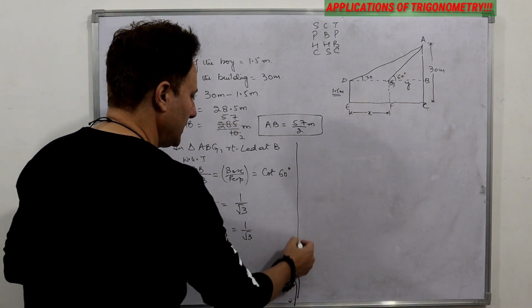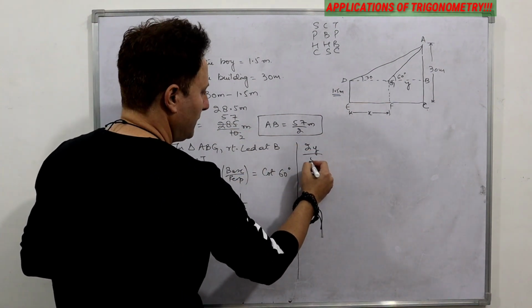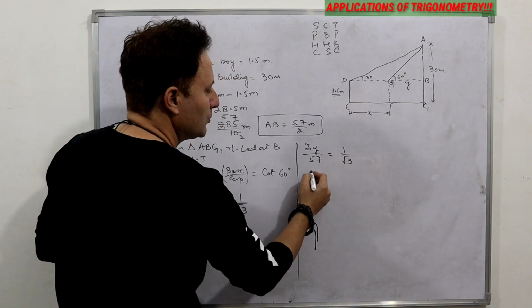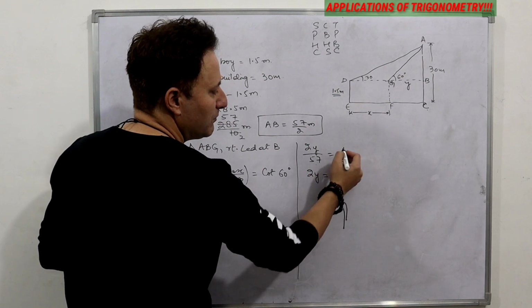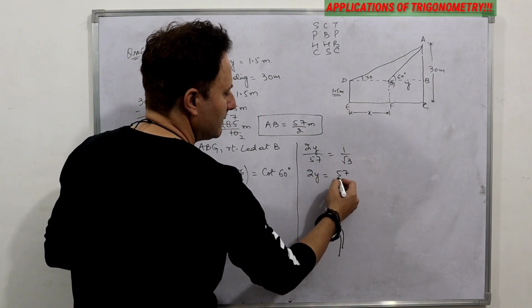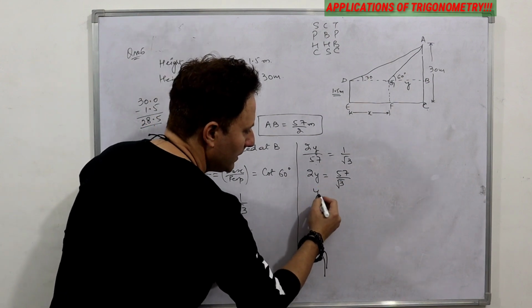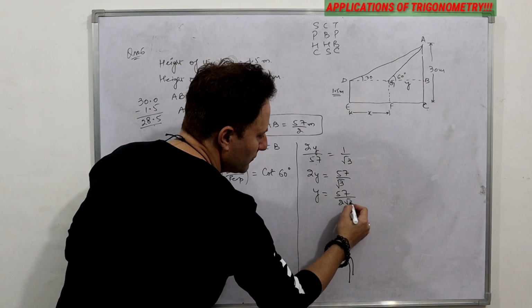Now this becomes 2y upon 57 is equal to 1 upon root 3. 2y is equal to 57 multiplied by 1, which is 57 upon root 3. Now y is equal to 57 upon 2 root 3.